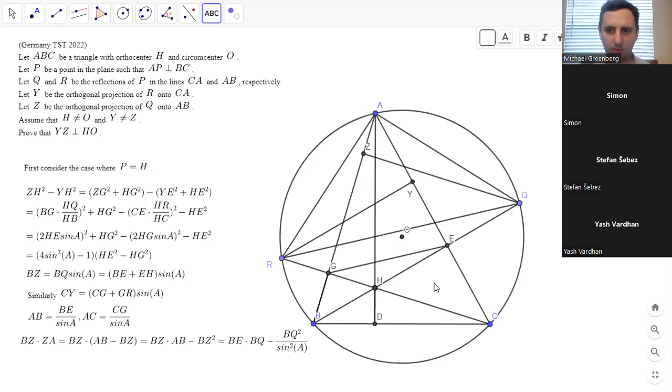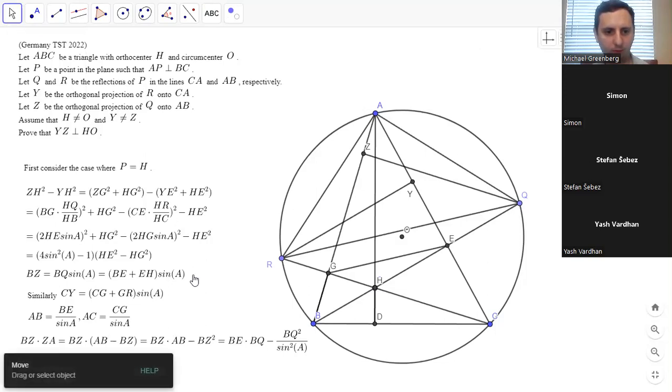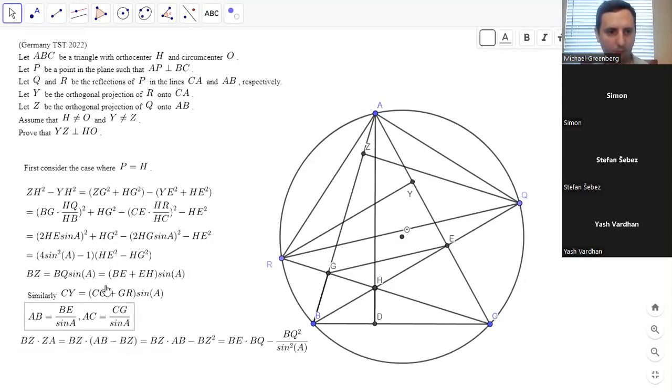Could you please explain one more time how you got the last two equations together in the last line? Yeah, so BZ times AB minus BZ squared is equal to BE times BQ and the rest of it. Basically I used these two formulas.